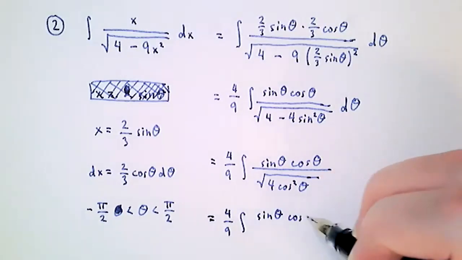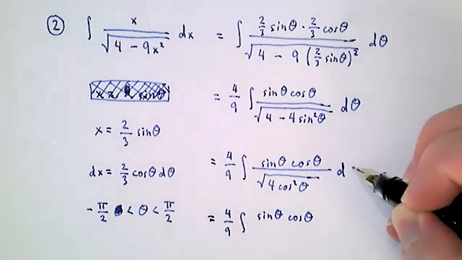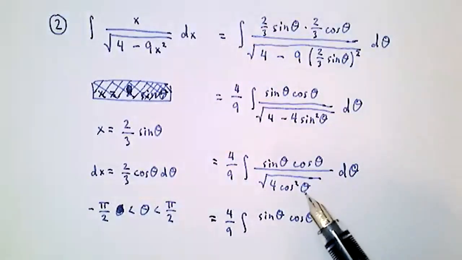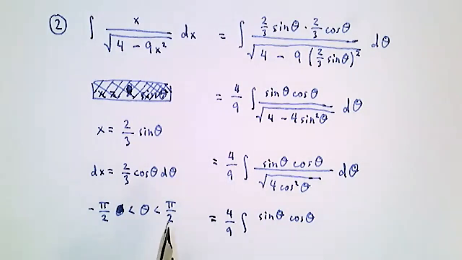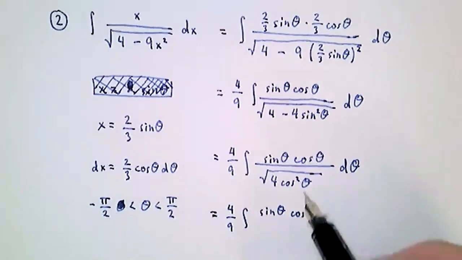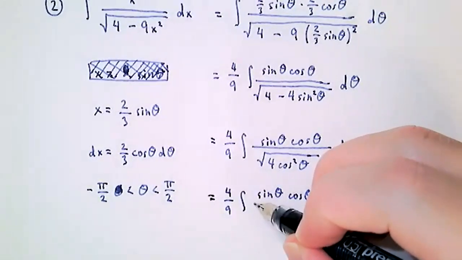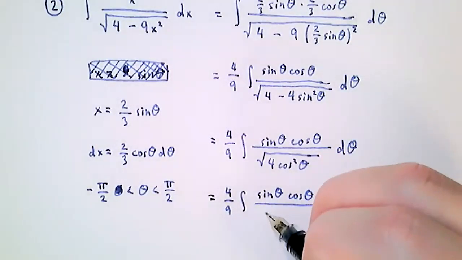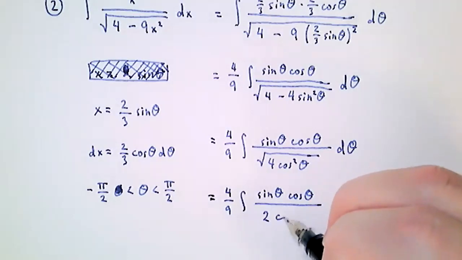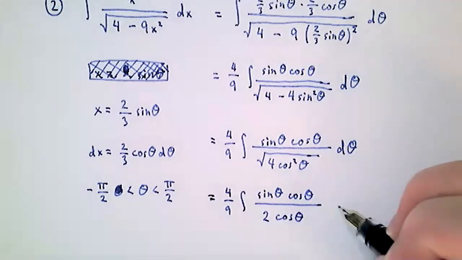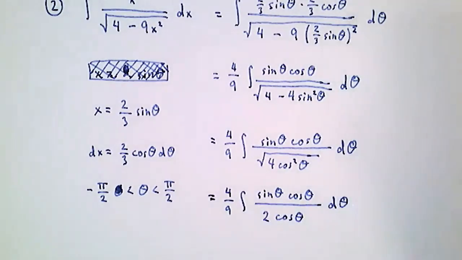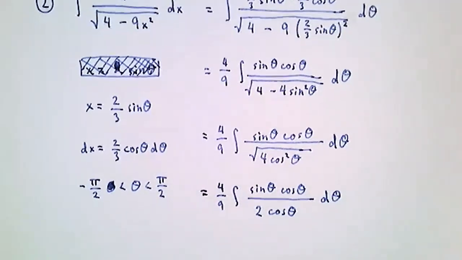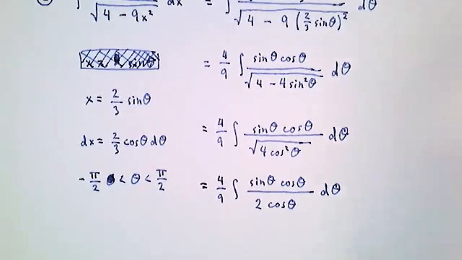And my point, what I was trying to get at with this technical detail, is that cosine in this region is always positive. So when we take the square root, we don't have to worry about adding an absolute value symbol. We can just write cosine theta. Like I said, a small technical detail that lets us get rid of an absolute value.